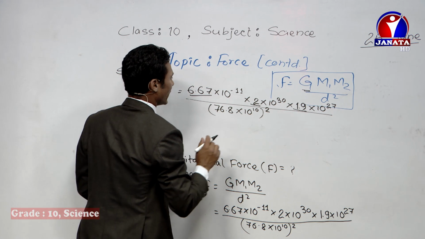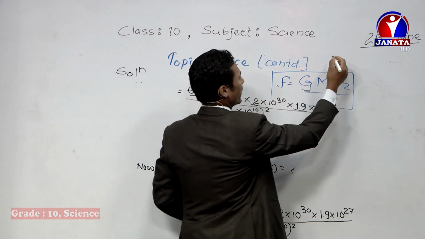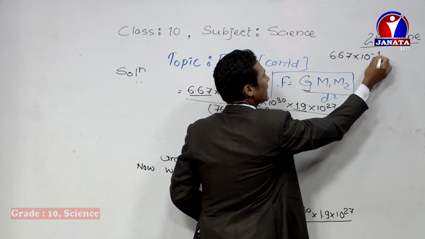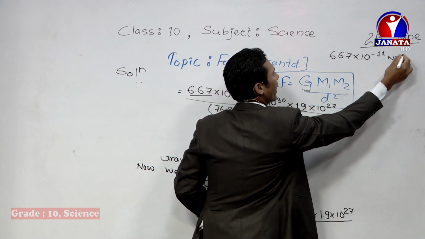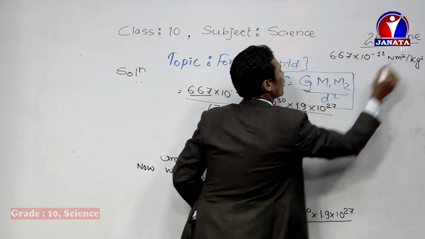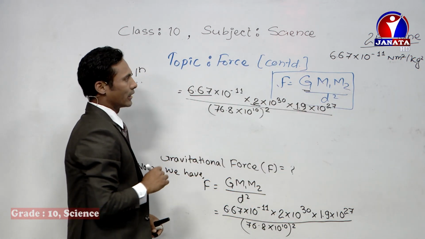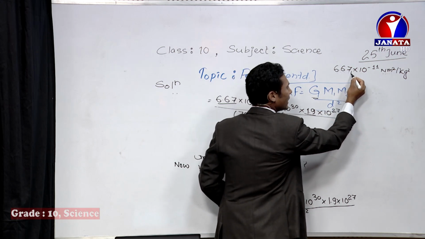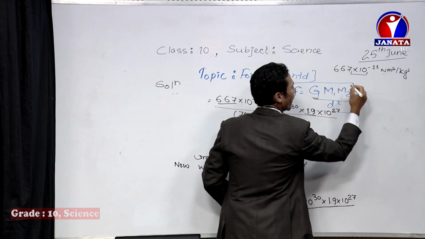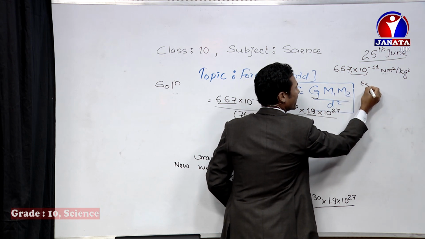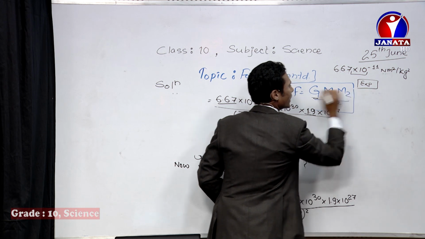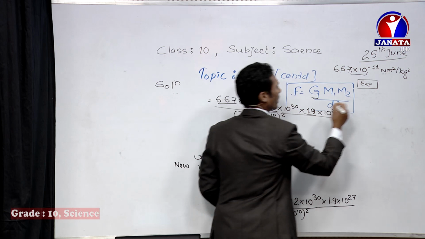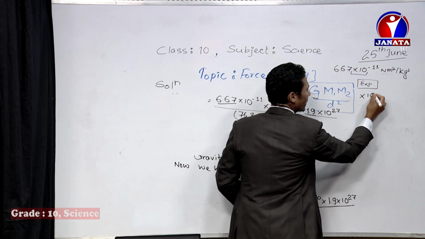One more thing is how to enter the power of 10, for example 6.67 into 10 to the power minus 11 Newton meter square per kg square. In the calculator, after 6.67 we press either EXP, which is in some calculators, or in most calculators you will get this sign.